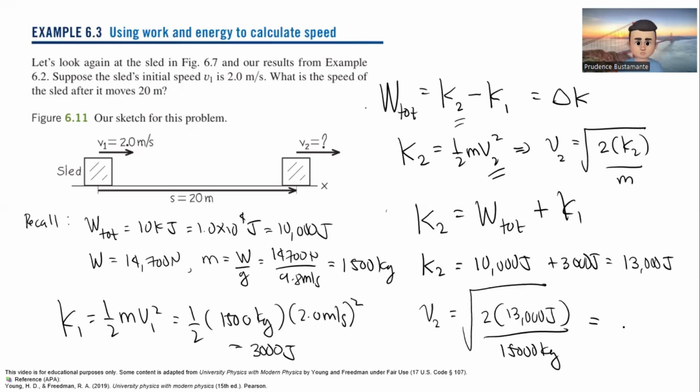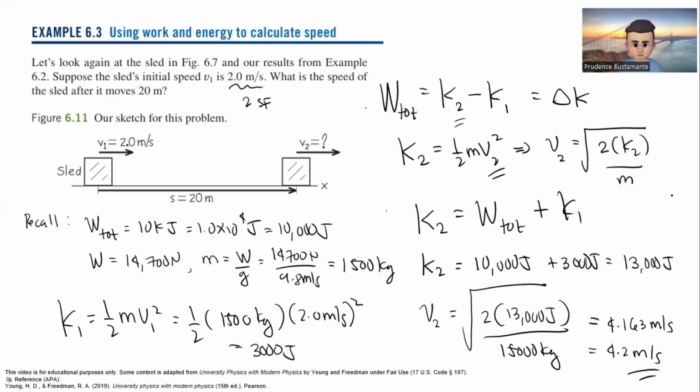So we have 4.2. Our significant figures is 2. This is two significant figures. Therefore, our answer must be in two significant figures. So instead of 4.163 meters per second, we're going to write 4.2 meters per second.